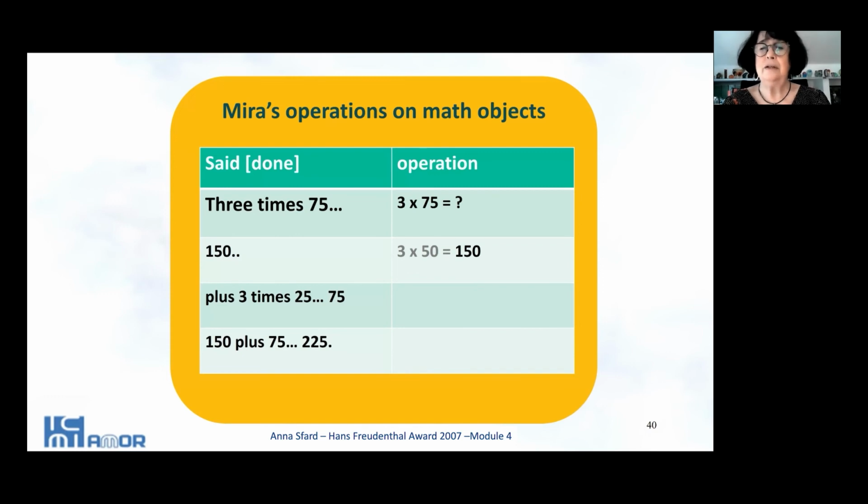Myra took 50 out of the 3 75s and added them together. How do I know that this is what she did? Because in the next move, she multiplied by 3 the remaining 25s. And then she added the 2 intermediary results, obtaining 225.